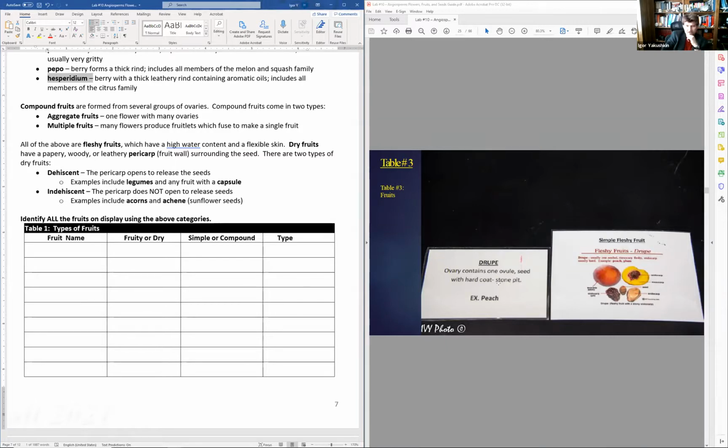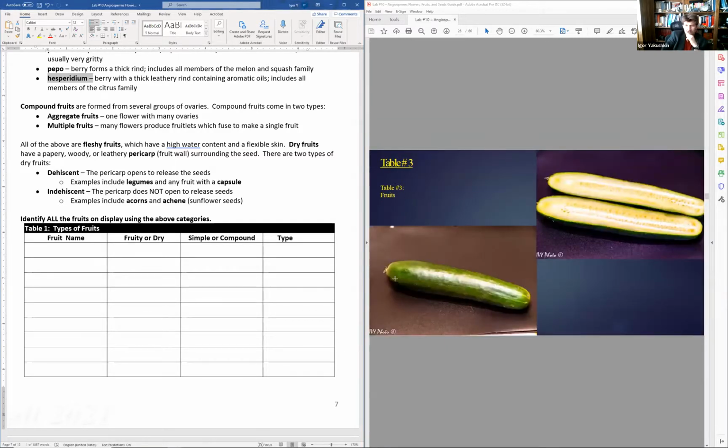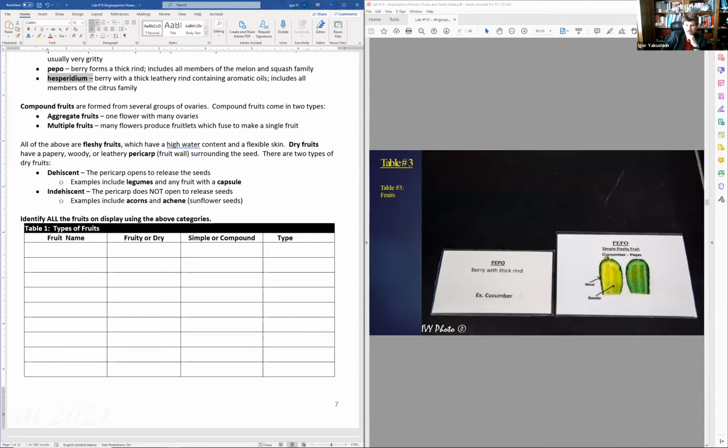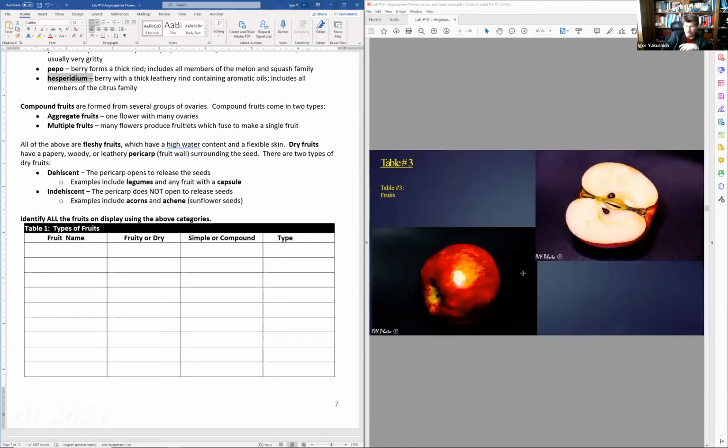All right. Now here we're looking at the cucumber, and that would be the pepo. So it's a simple fleshy fruit, and the type is known as the pepo. Apple is technically an accessory fruit, and we haven't talked about the accessory fruit.